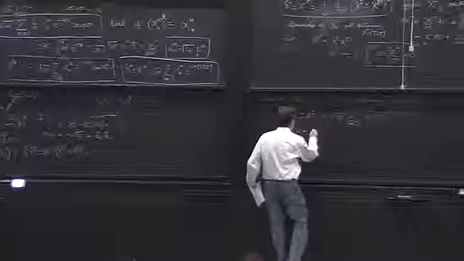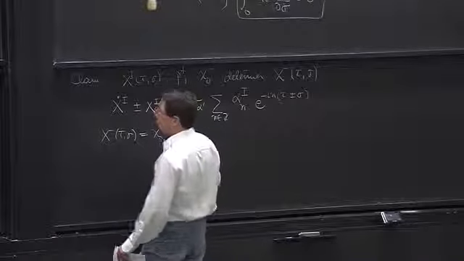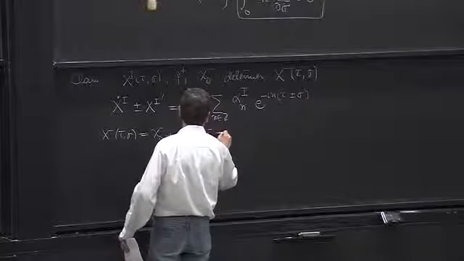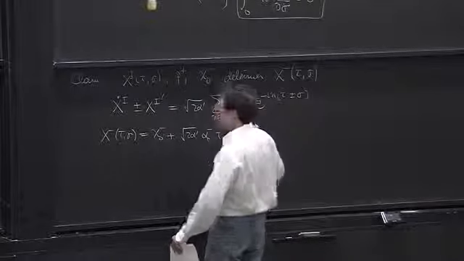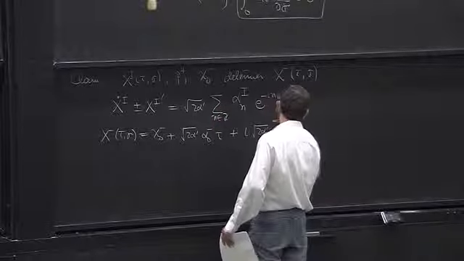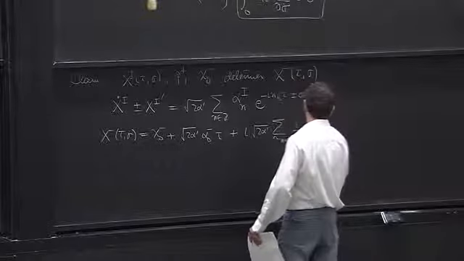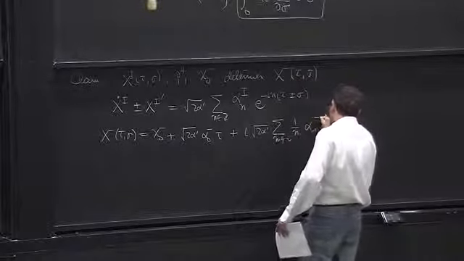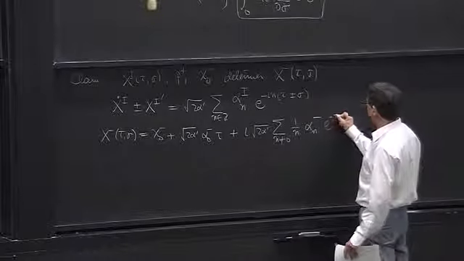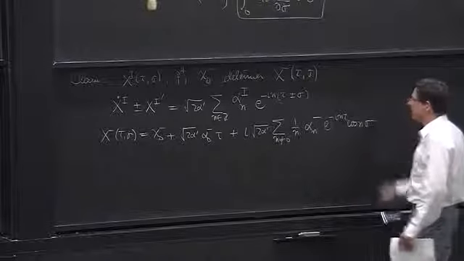It's x0 minus plus square root of 2 alpha prime alpha 0 minus tau plus i square root of 2 alpha prime sum over n different from 0, 1 over n alpha n minus, the index is always a minus up, e to the minus i n tau cosine of n sigma.